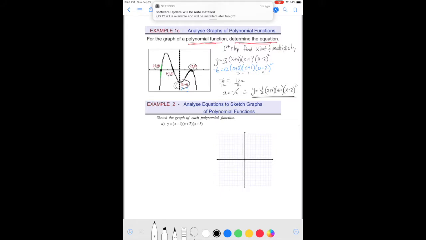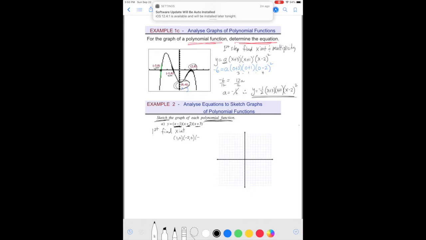All right, so now we are going to draw. The key thing here, when we have to sketch a polynomial function, again, first step, find the x-intercepts. We know there's a factor, and there's a factor. So we know the x-intercepts are going to be 1, 0, that's this guy. The opposite of that is negative 2, 0.